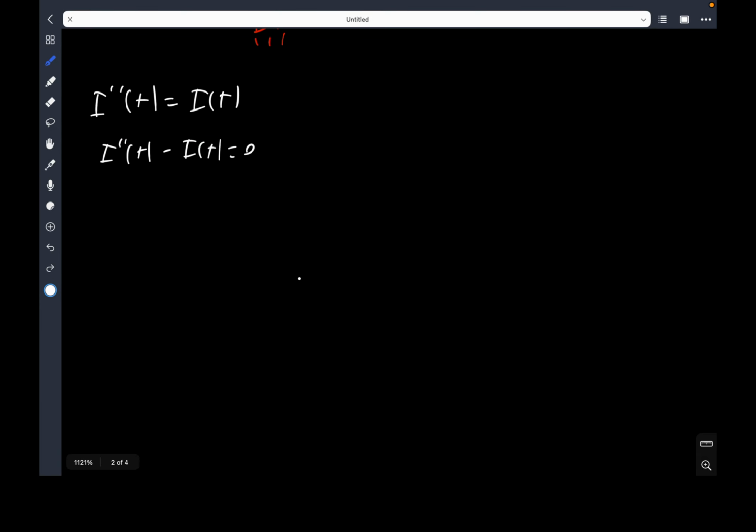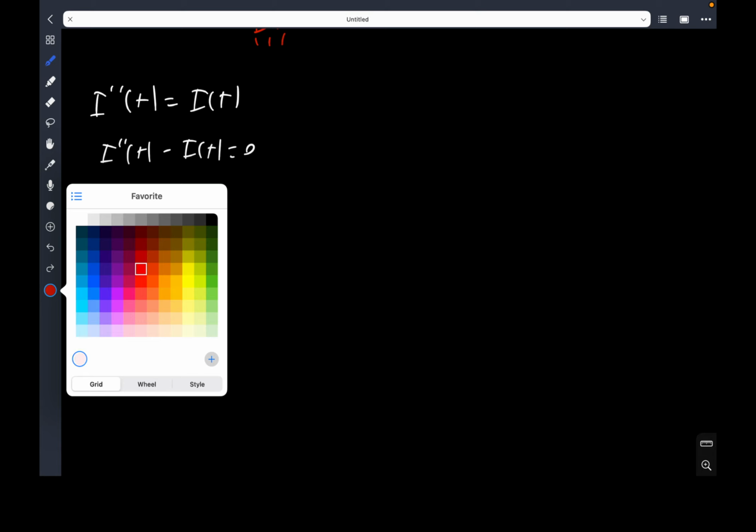And first of all I need to find the roots of this differential equation.